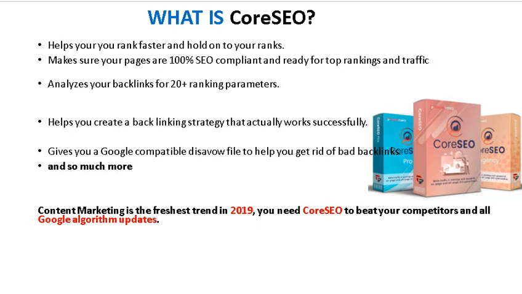Also, CoreSEO helps you to rank faster and hold on to your ranks. It makes sure your pages are 100% SEO compliant and ready for the top rankings and traffic.